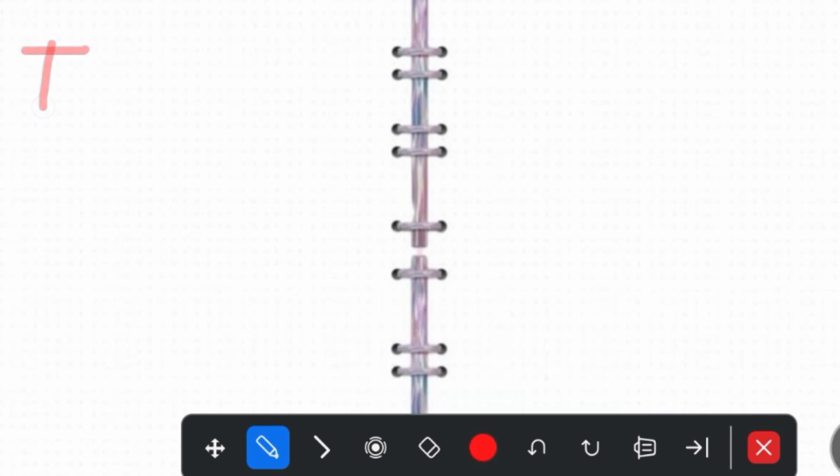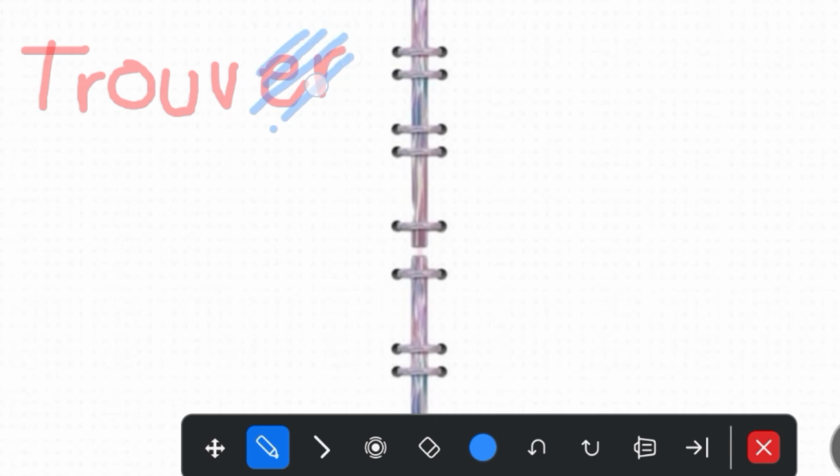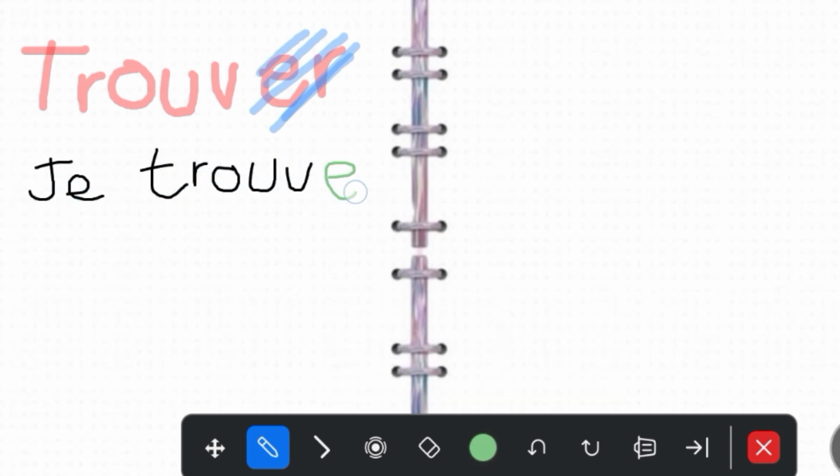So we have trouver. What we need to do is kick the ER, kick it, so that we have je trouve. This is the stem, by the way, and these are the endings which are written in green color.